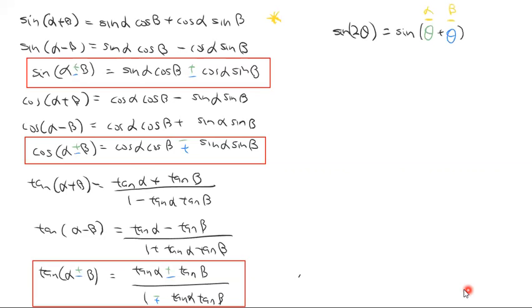The rules on the left work for any angle, right? And so it doesn't matter if they're the same. So we literally could just use the formula on the left with theta plus theta. And if you do that, can you all quickly do that and see what you get? Simplify if you can.